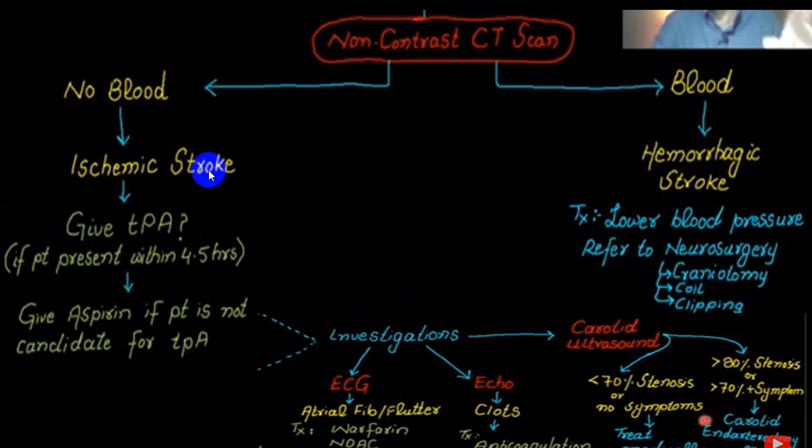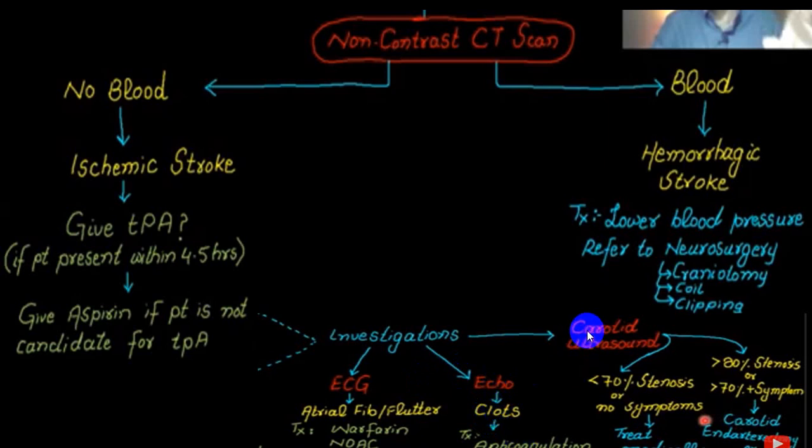And if a person has got ischemic stroke, you will have to find out whether it is cardioembolic. If it is atrial flutter or fibrillation, you might require anticoagulation with heparin bridge. And after getting an echo done, if the person has got a mural thrombus, you will require anticoagulation.